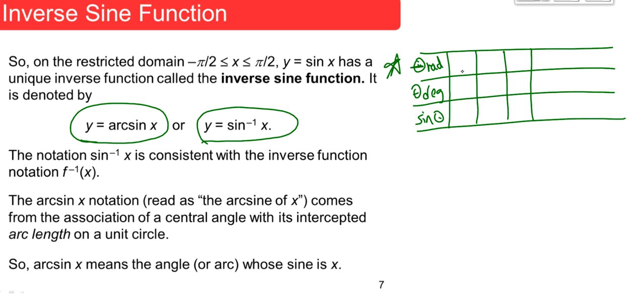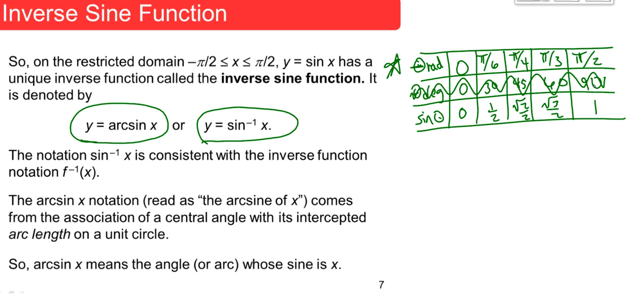So we've got 0, 30, 45, 60, and 90. And this is 0, pi over 6, pi over 4, pi over 3, and pi over 2. I'm going to cross the degrees out because we want it always in radians, and then the sine: 0, 1/2, square root of 2 over 2, square root of 3 over 2, and 1.